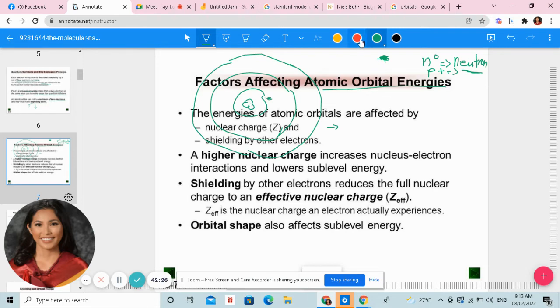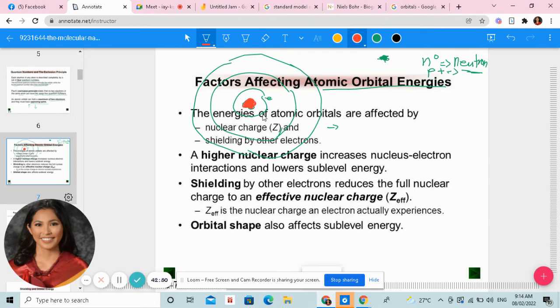Maybe, ma'am, the nucleus is surrounded by protons. That's why the electron is easily attracted. Okay, your electrons are attracted to the nucleus because of your protons. Positive charge. So, positive and negative, they will attract. Okay.